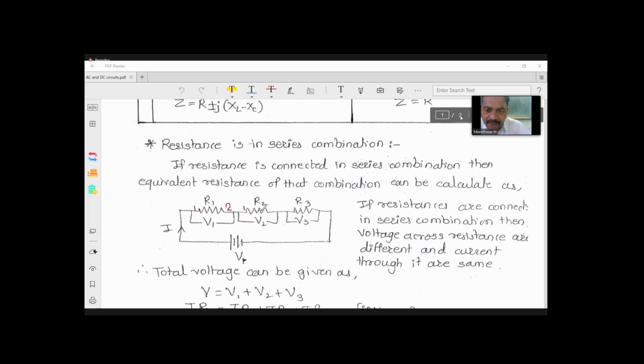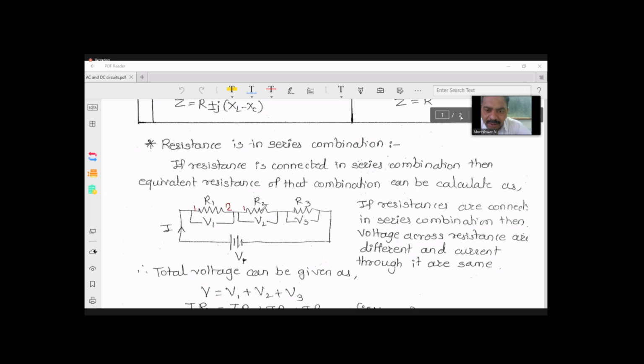But what happens when I connect these three resistances across a voltage source? Suppose this is my voltage source and its value is 10 volt.